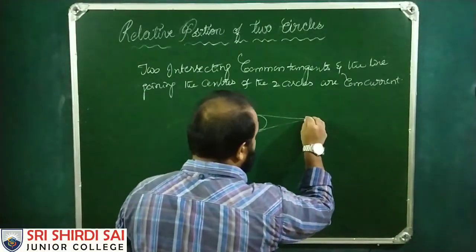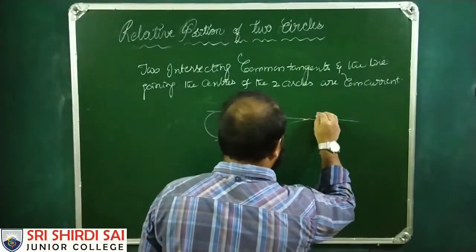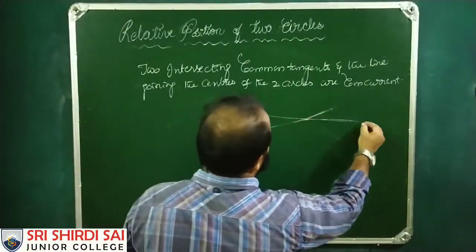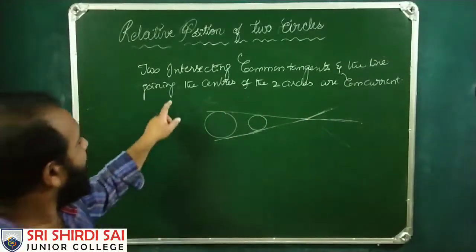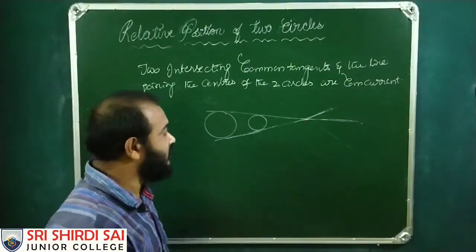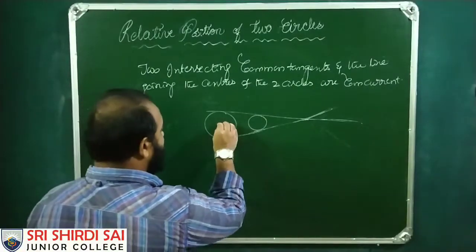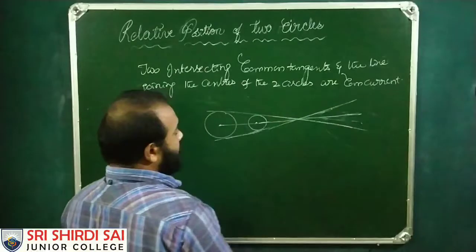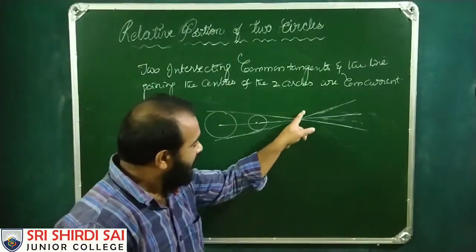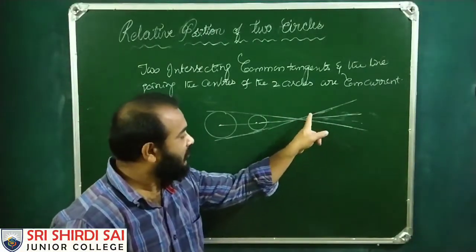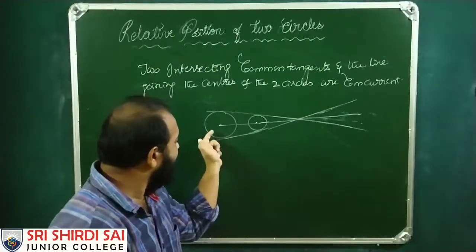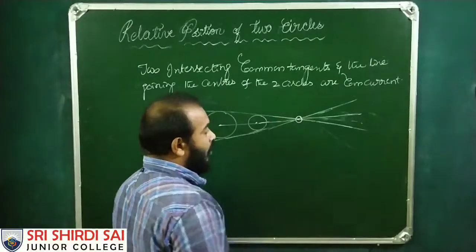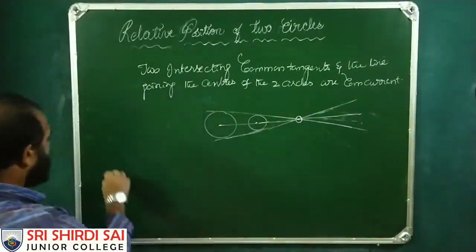And the line joining the centers of the two circles is this. So the two intersecting common tangents and the line joining the centers are concurrent, because all are passing through this point, the point of intersection.